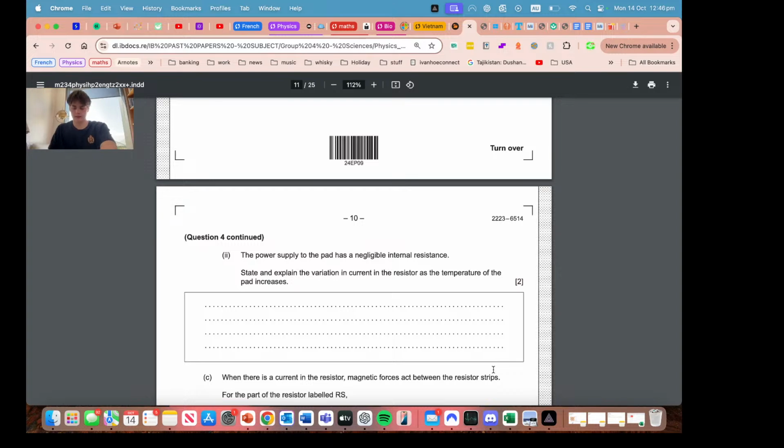All right. State and explain the net magnetic force acting on it due to the currents in PQ and TU. So the currents in PQ and TU. PQ, they're going in opposite directions. So current in PQ is in an opposite direction to TU. I'm pretty sure.